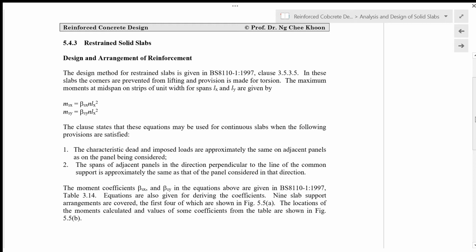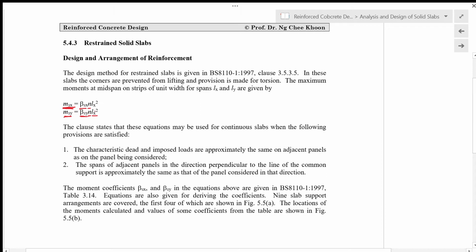The maximum moments at midspan on strips of unit width for spans Lx and Ly are given by, so msx, which is the maximum moment in the shorter span direction, is beta sx times n lx squared, and msy is given by beta sy times n lx squared.